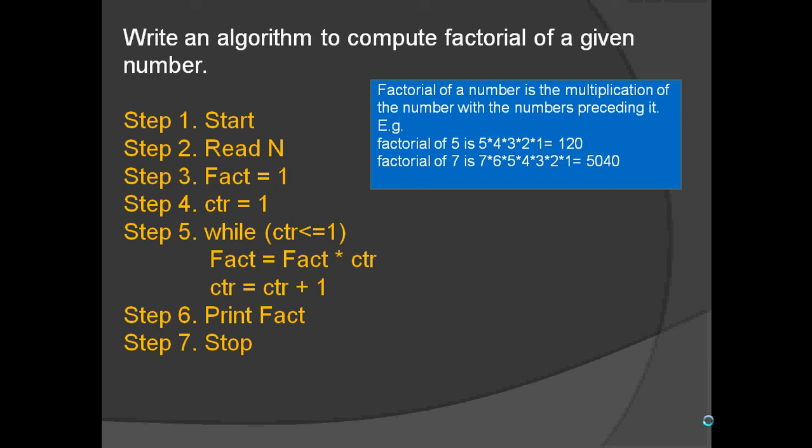At the same time, CTR, which stands for counter, is like, if you remember the postfix increment decrement, where you use I or A. In such a case, CTR equals CTR plus 1, which is equal to A equals A plus 1, which is similar to A plus plus.